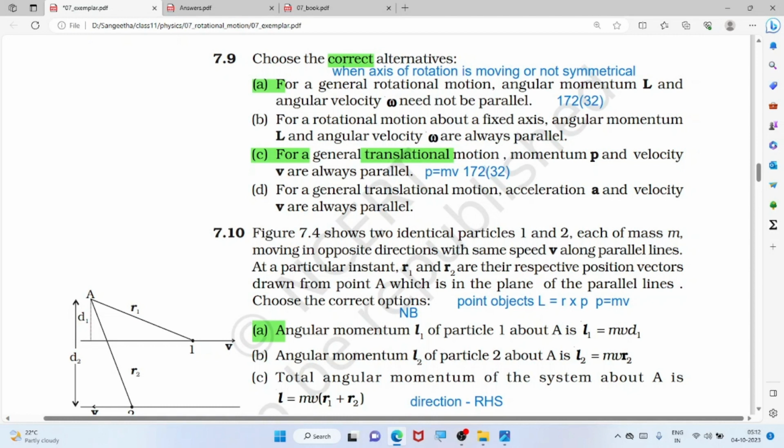So omega and L need not be parallel for a rotational motion. Saying that for rotational motion the angular momentum is always parallel is wrong. Need not be parallel is correct. For translational motion, the momentum p and the velocity are always parallel, this is correct.